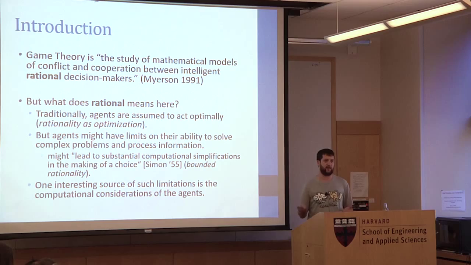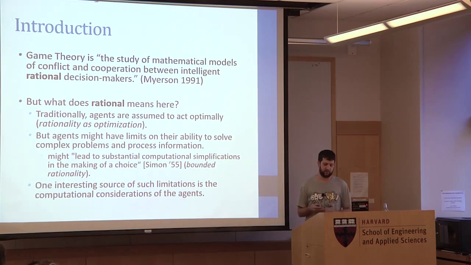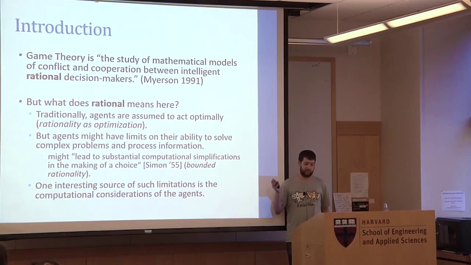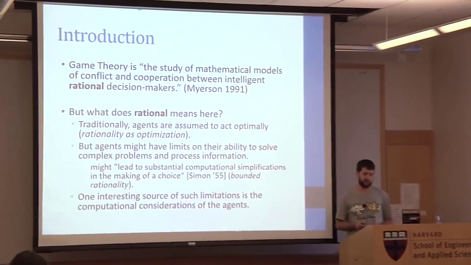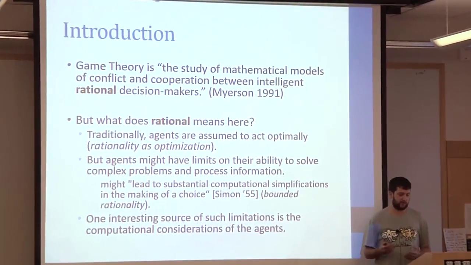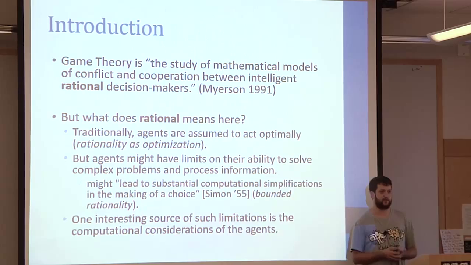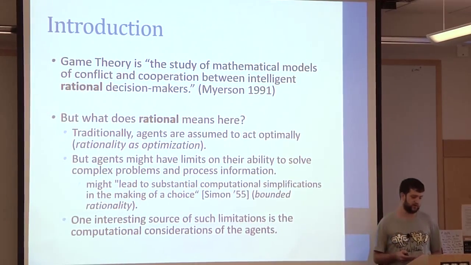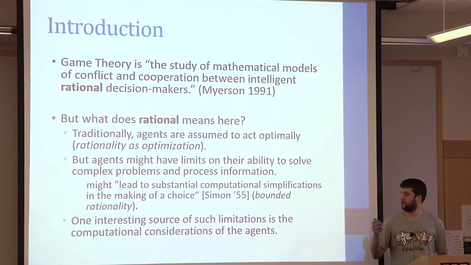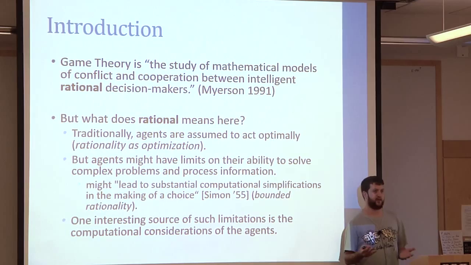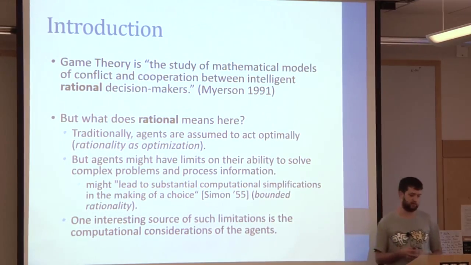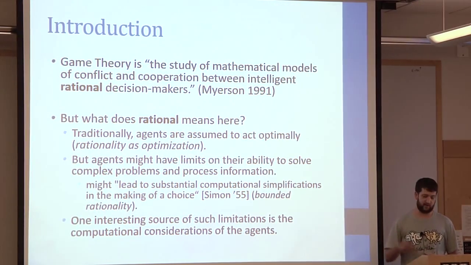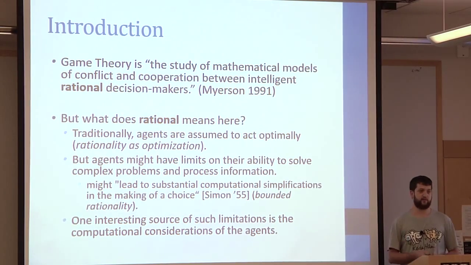They do the best they can given any possible strategy there is, and this is sometimes coined as rationality as optimization. But as we all know, agents might have a lot of limits on their ability to solve problems and how they process information and so on. And as Simon was first to point out, this might lead to substantial simplification in the way they approach these problems. This is usually coined as bounded rationality.